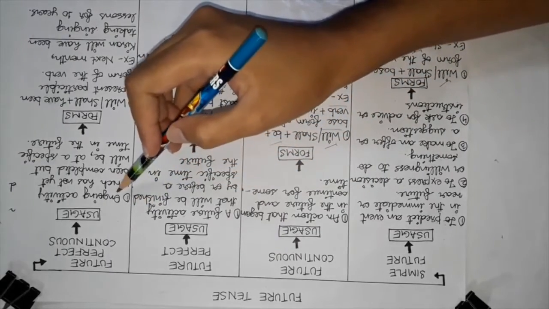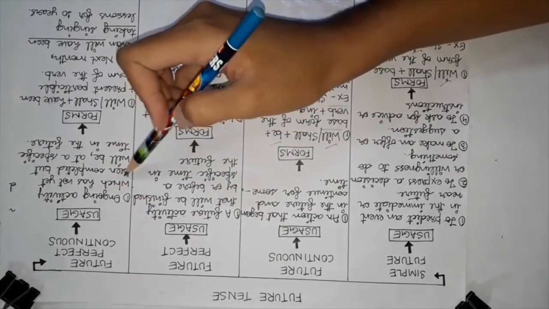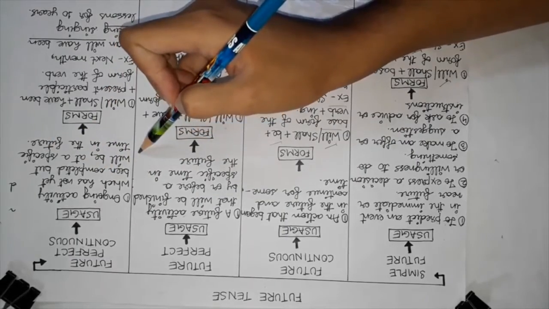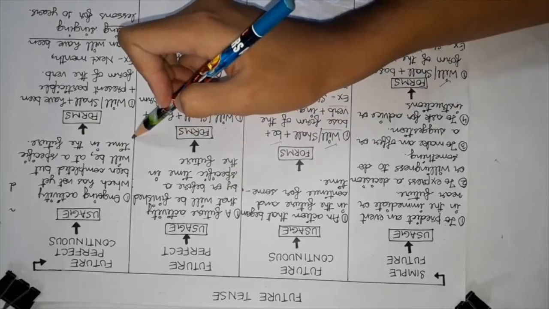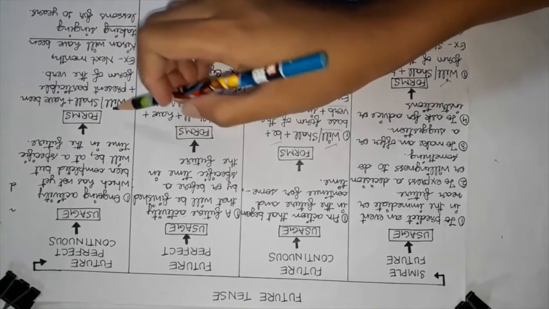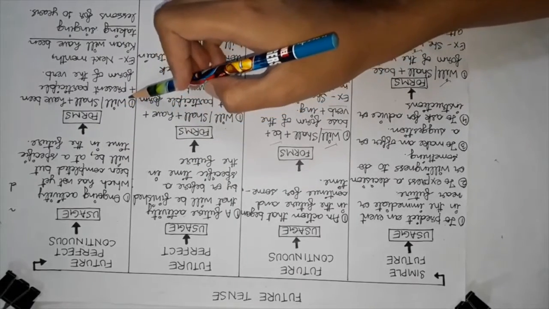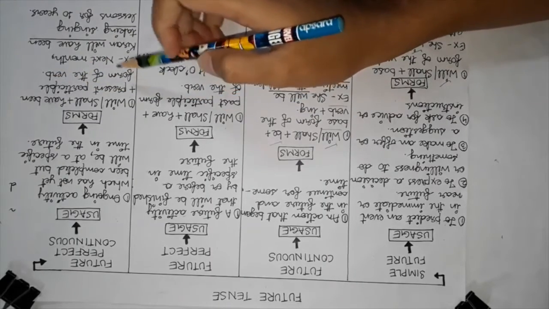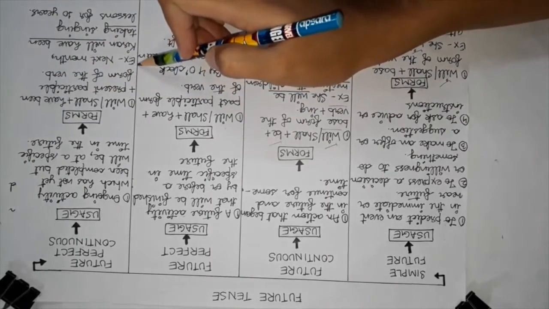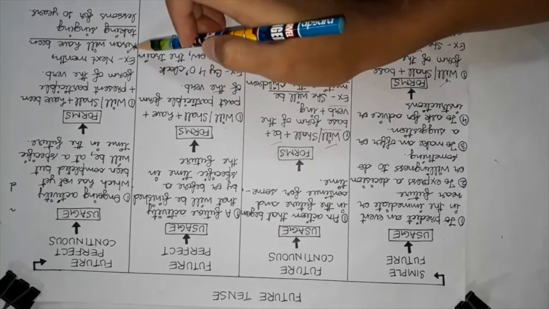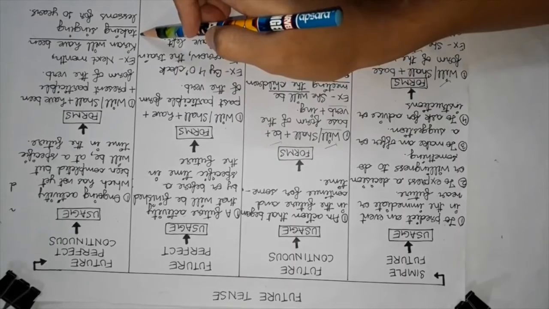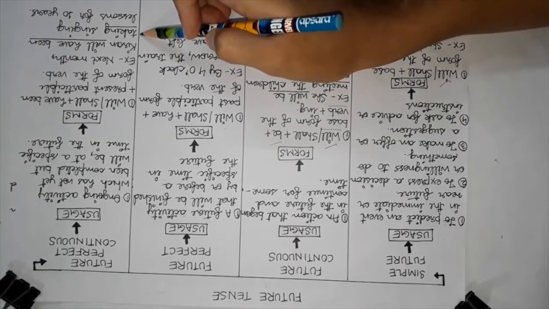It is used for an ongoing activity which has not yet been completed but will be at a specific time in the future. And the forms we get for this tense are will or shall plus have been plus present participle form of the verb. So it will give us, next month Kiran will have been taking singing lessons for 10 years.